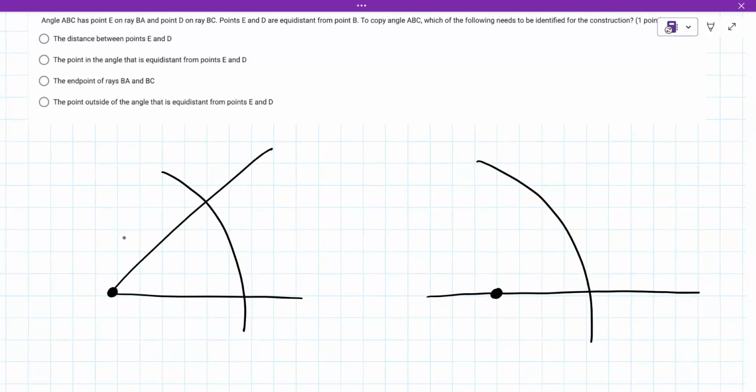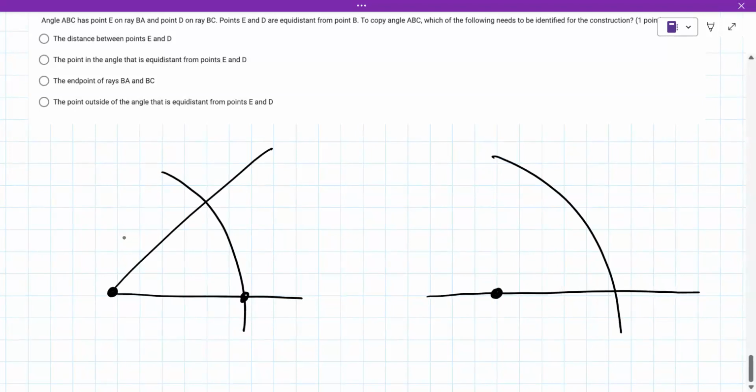I've not done a good job of drawing that, so let me try that one more time. So this point here that I've just made is the same as this point here. And then you go up here and you swing an arc like that, and you swing an arc like that, and now you've got the other point for it. So now the angles are copied, even though maybe they don't look that way.